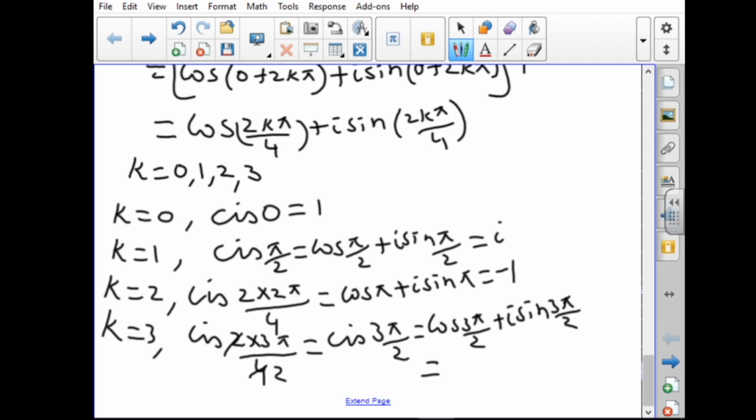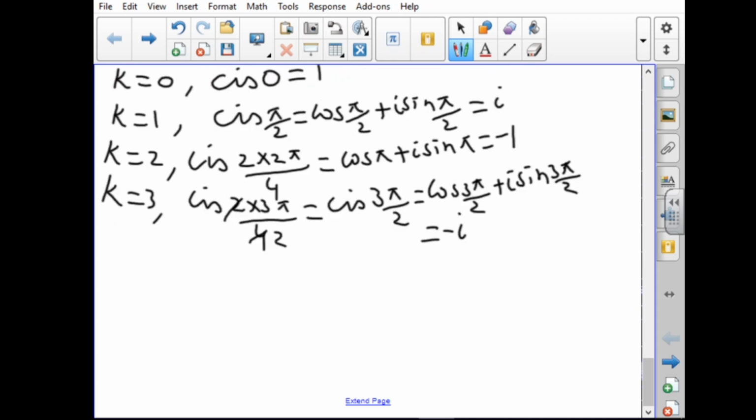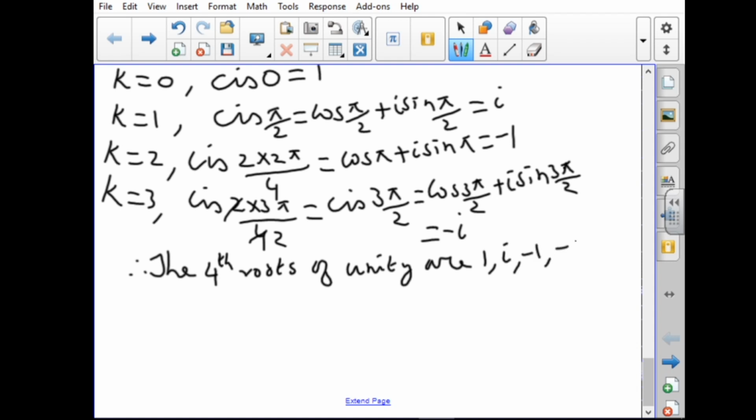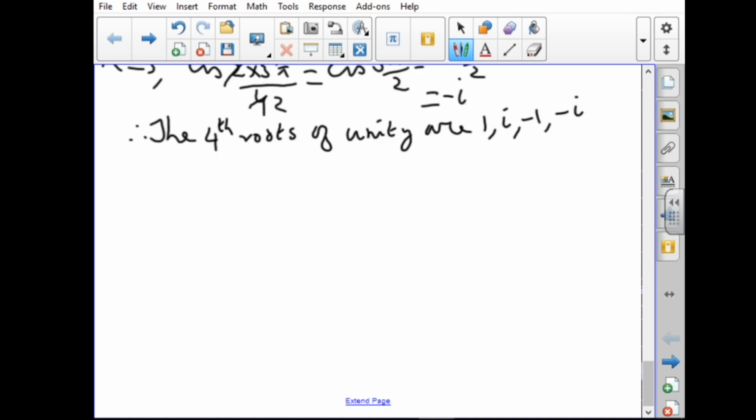Cos 270 is 0 and sin 270 is minus 1. Therefore, we get minus i. So, the 4th roots of unity are 1, i, minus 1 and minus i. Similarly you can find the cube roots of unity and all those.